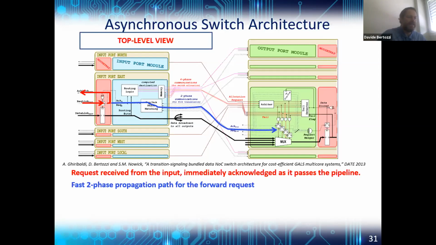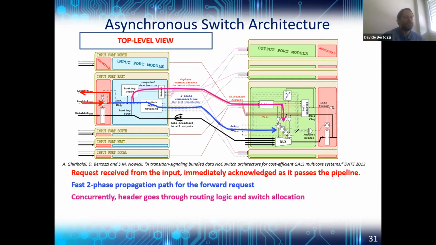And therefore, in parallel, so there is lots of concurrency in this asynchronous realization, the head flit will go through routing computation and switch allocation. That is, we will request access to a specific output port. As a result, sooner or later, this output port will be granted by an asynchronous arbiter.